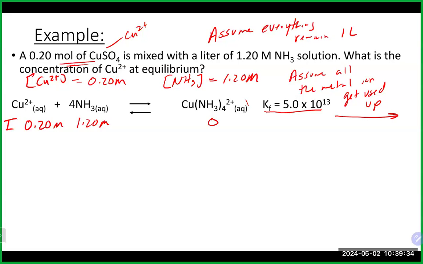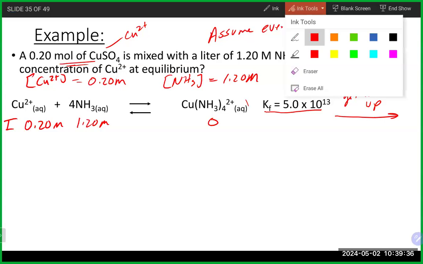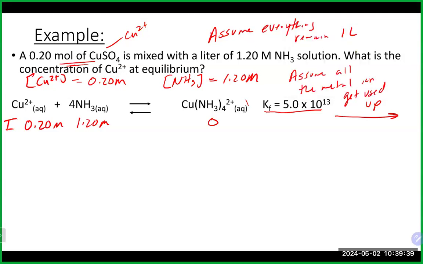So what that means is when we get to the change in this case, we actually know what it should be: it should be the amount of the metal ion, which in this case is 0.2. This would be minus 4 times 0.2. And this would be plus 0.2.